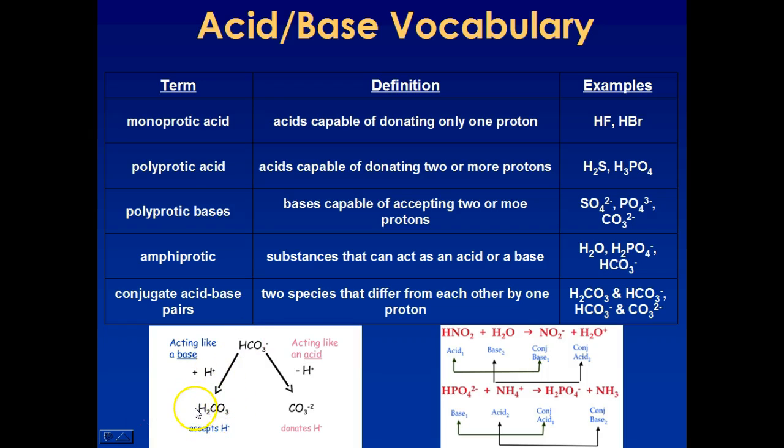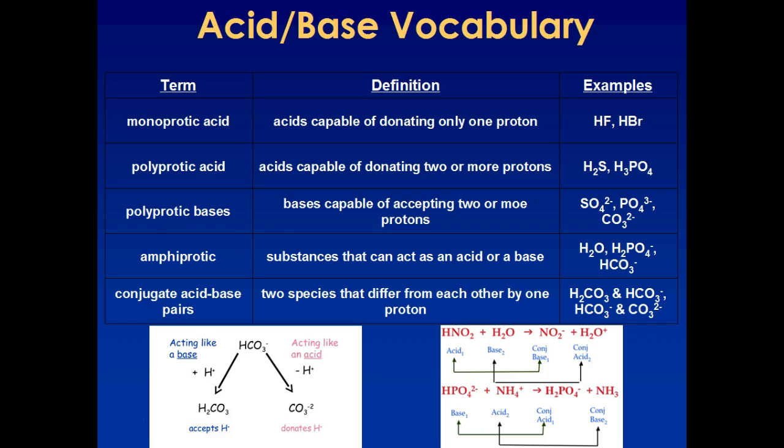So H2CO3 can donate a proton to go back to HCO3-, and CO3 2- can accept a proton to go back to HCO3-. Because it can make two possible substances by either adding or removing a proton, it is considered amphiprotic. Water is another excellent example because it can make H3O+ by accepting a proton, and it can make OH- by donating a proton.